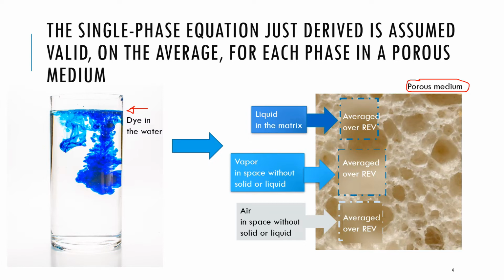So using these averages of the concentrations of liquid, vapor, and air, we can pretty much use the general conservation equations that we just derived.